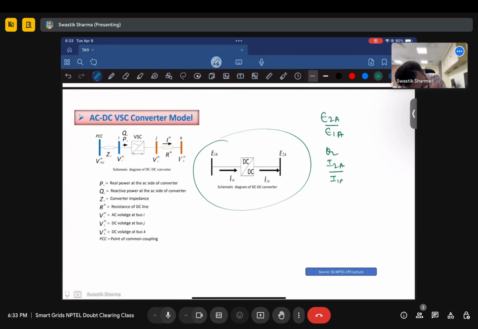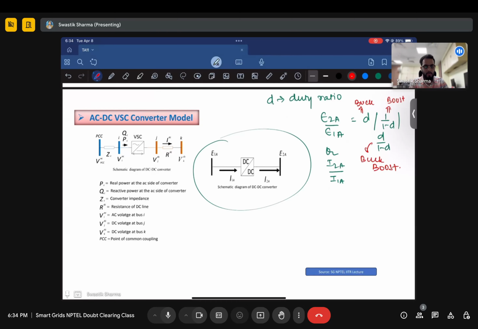So for E2A by E1A, it is D for buck, 1 upon 1 minus D for boost, or D upon 1 minus D for buck boost. I hope you all know, D is duty cycle or duty ratio.